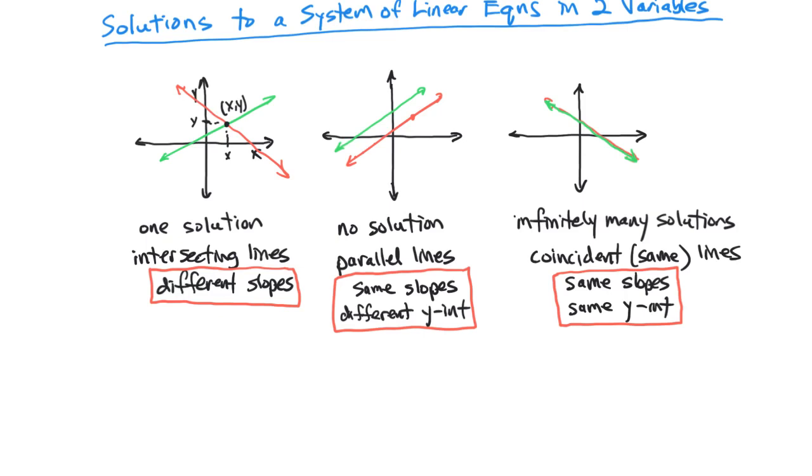So I'm going to mention these words, although I'm not really going to ask you about it. Basically, if you have any number of solutions, as long as there is a solution or infinitely many, this is where the book will say the system is consistent.